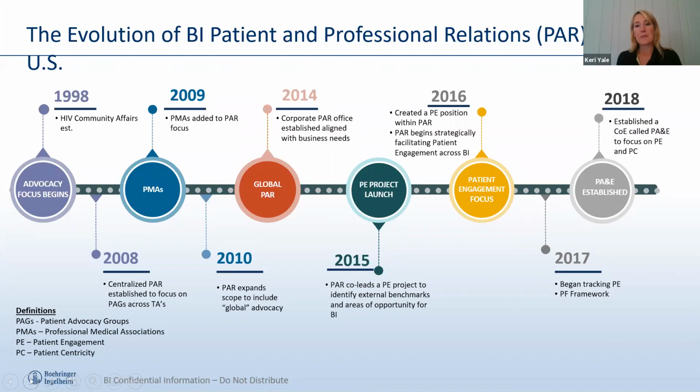But we've really expanded to include a global PAR function that sits in Ingelheim, Germany, to really address more with patient engagement across the life cycle. Also, our PAR team in the US started working with professional medical associations, and then work that I'll talk about where we're really interested in enhancing our company culture, because we believe that that's really instrumental to advancing this work as well.